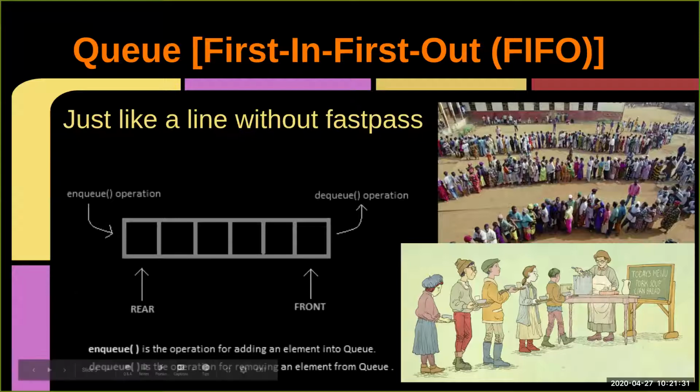And so to get in line, you enqueue, and to get out of the line, like you're at the front and you're being served, then you dequeue. So yeah, enqueue is to get in line, dequeue is to get out of the line, finally getting to the front and being consumed from the front. So a FIFO, first in, first out, is a queue, just like a line.